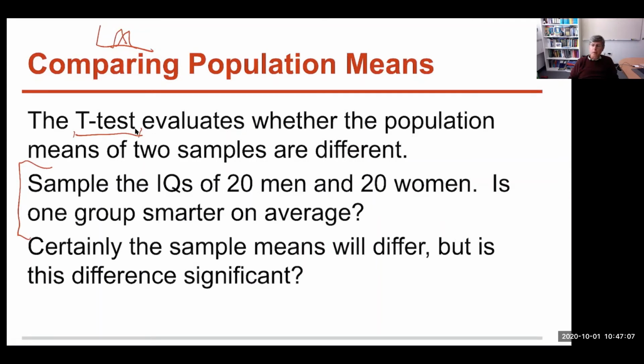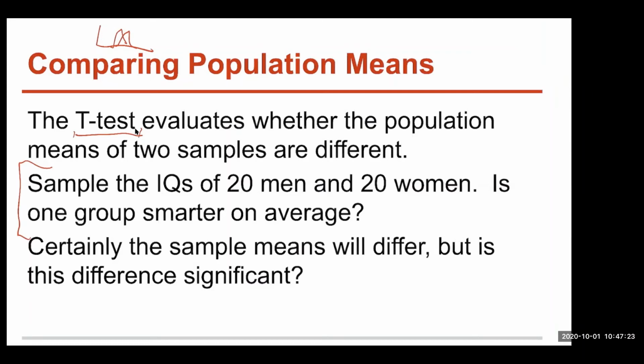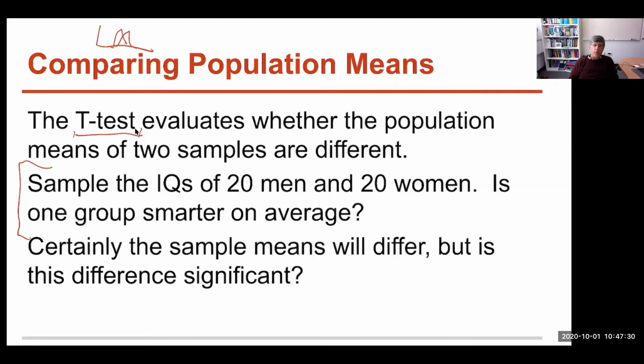What should happen if I took the IQs of men and women, a sample of 20 of them? What do we think about the average? Is the average going to be the same? Since the sample sizes are so small, probably not. The sample mean won't be the population mean, so you'll probably see some variation between the two groups. If I had, let's say, one man and one woman, are they likely to have the same IQ?